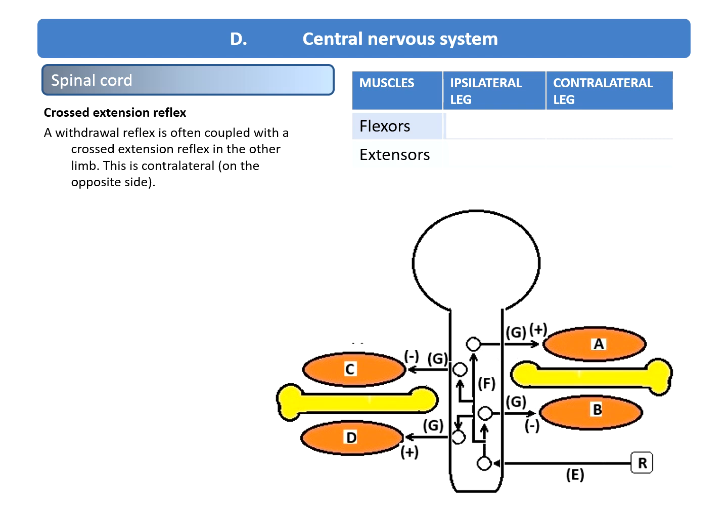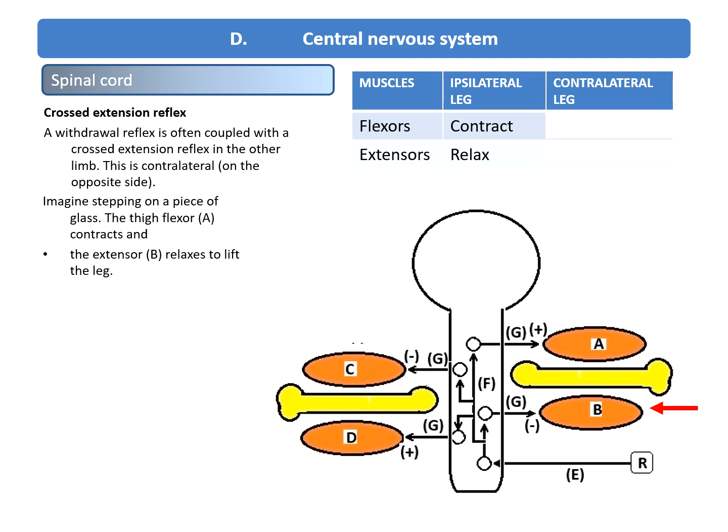What about a cross-extension reflex? A reflex often is coupled with a cross-extension reflex on the other limb. This is contralateral, meaning on the opposite side. Imagine stepping on a piece of glass. Thigh flexor would contract.